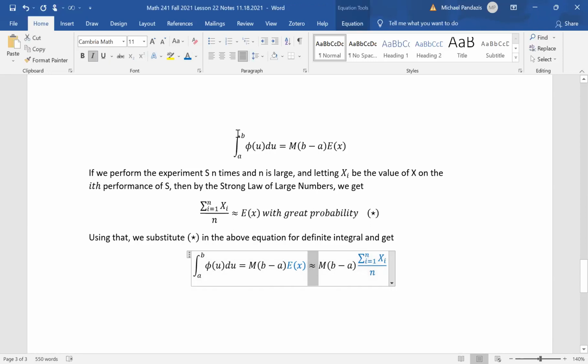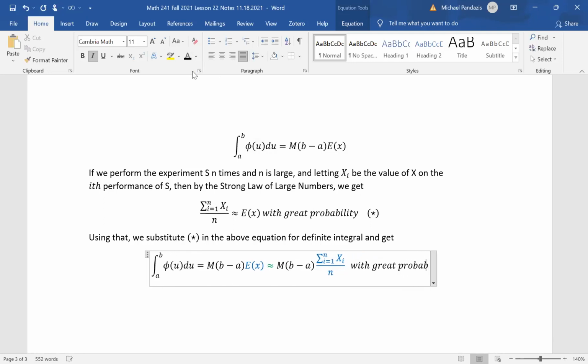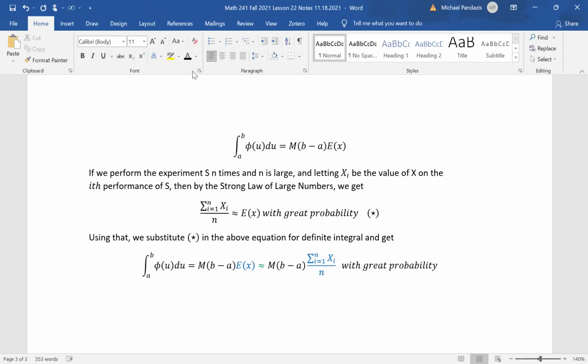So now we have approximately equal, and that is because the two blue things are approximately the same. And this is with great probability, meaning with probability very close to 1.